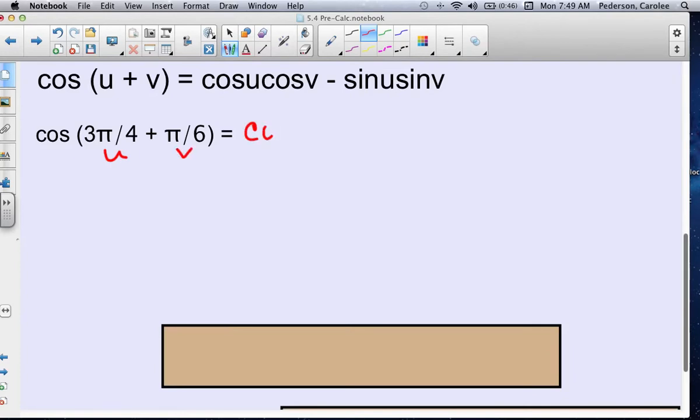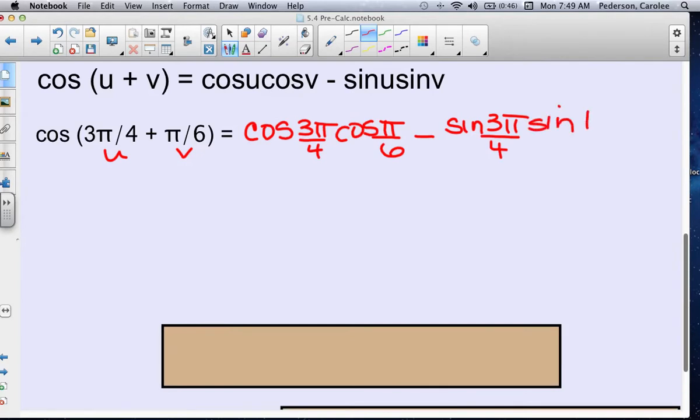So, say the cosine of 3 pi over 4 times the cosine of pi over 6 minus the sine of 3 pi over 4 times the sine of pi over 6. And then you want to go ahead and substitute in the values for those 6 places.